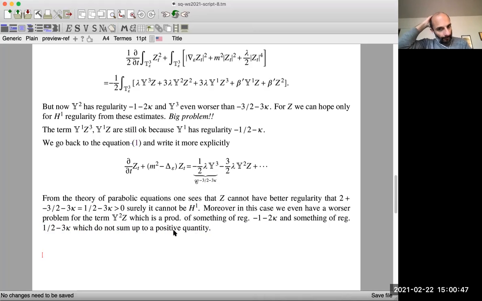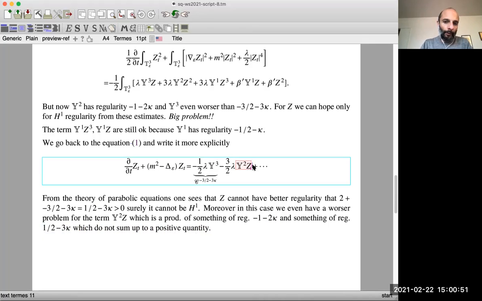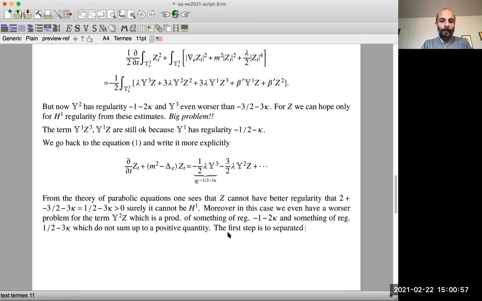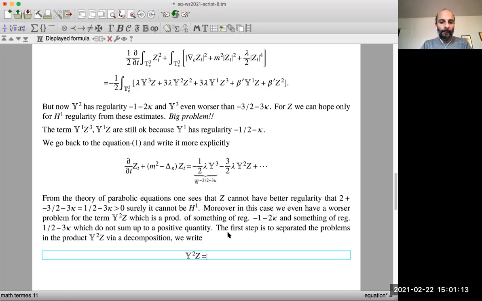So the first step is to isolate the most singular part. So the first step is to separate the problems in the product via a decomposition, okay? So we write, so the first step is, okay, let's rewrite this.